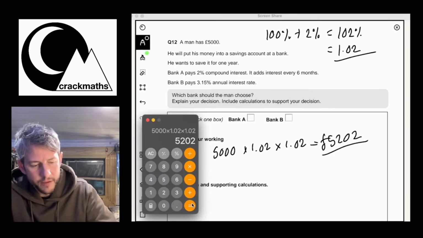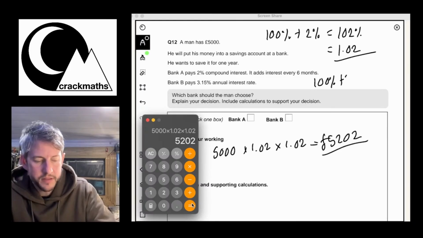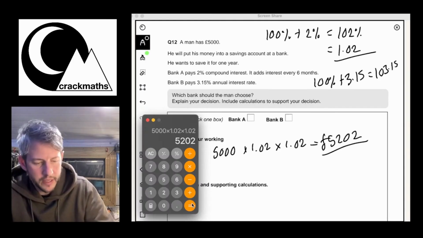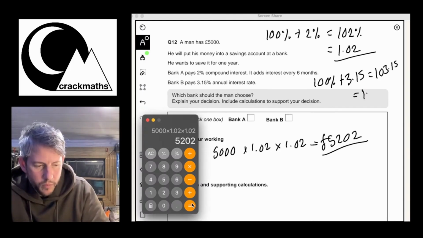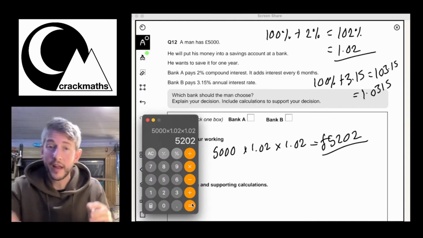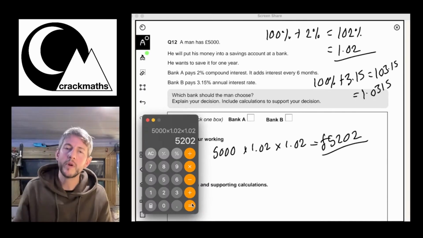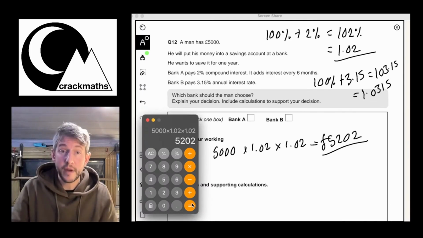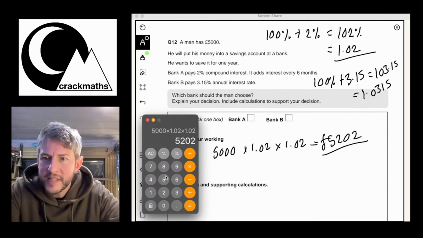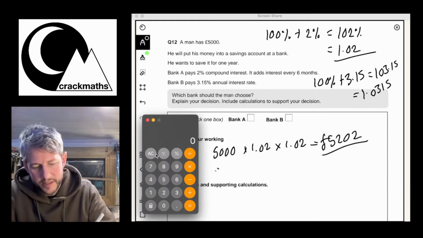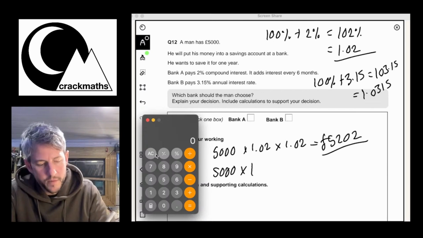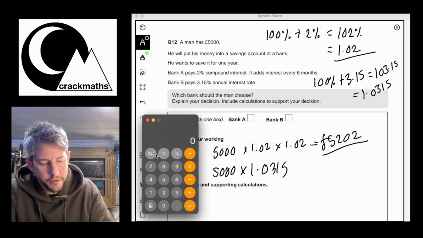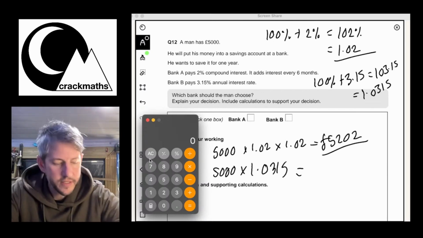Now, Bank B, remember, same principle, 100% plus 3.15 equals 103.15. Divide it by 100 equals 1.0315. Now, anything we multiply by 1.0315 will be increased by 3.15%. But this is only going to happen once, so this time, let's try 5,000 times 1.0315, and let's see what this gives us.